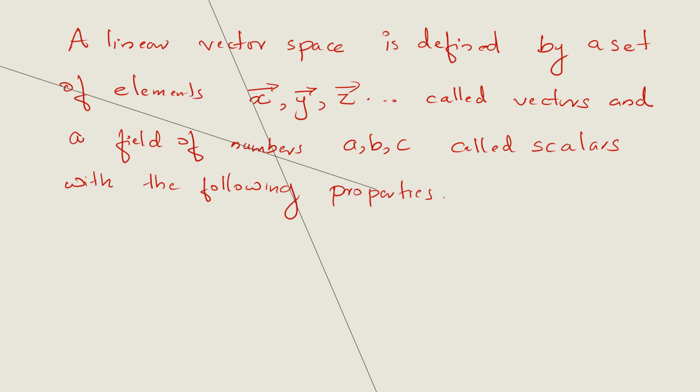So a linear vector space is defined by a set of elements having scalars and vectors.